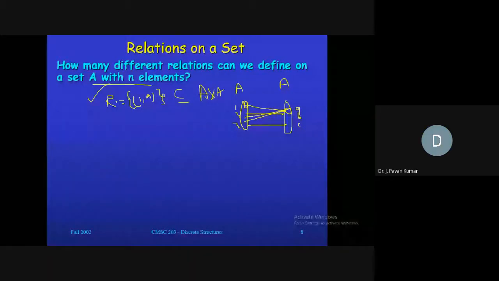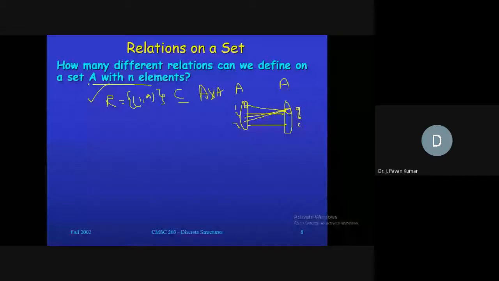So R is a proper relation. Next, consider 1 comma b. That can also be a relation. Now consider 1 comma a and 1 comma b as part of one relation. That is also valid. So now, how many relations can you form on an n-element set? This is the question. Now can you answer?